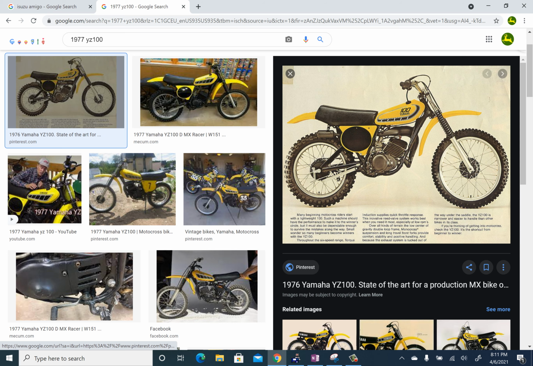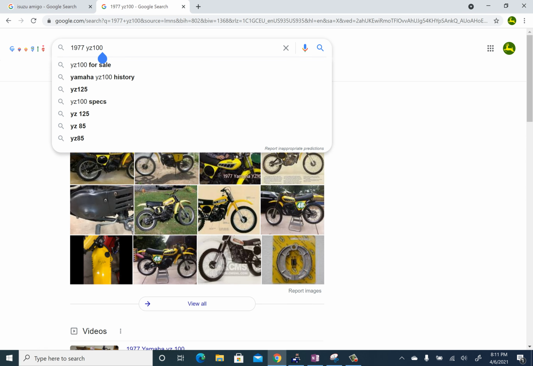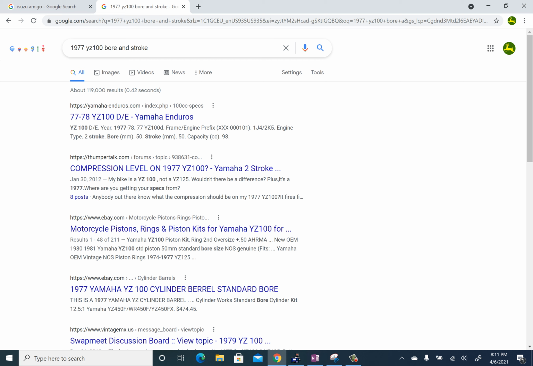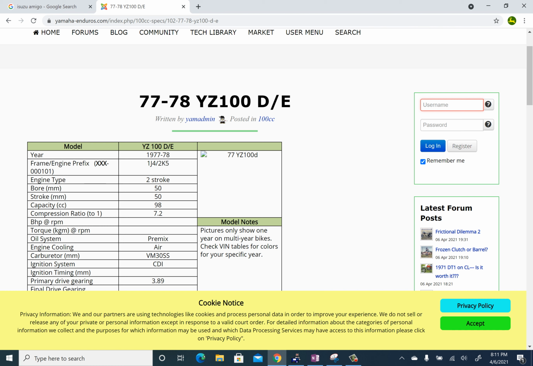Anyways, check it out. Suppose Mr. Groom wanted to go back in time because I like to relive my past glory. Mr. Groom, does it have a bore and stroke? Yeah, it's got literally one cylinder. Let's check it out. I feel like the bore was 50 and the stroke was also 50. Mr. Groom, that kind of means it's a square engine.